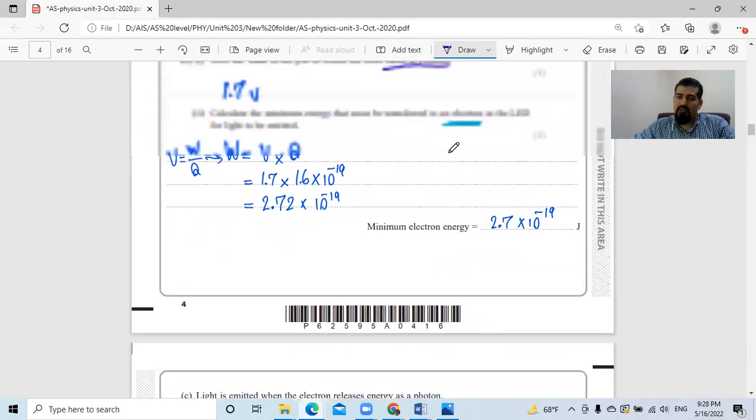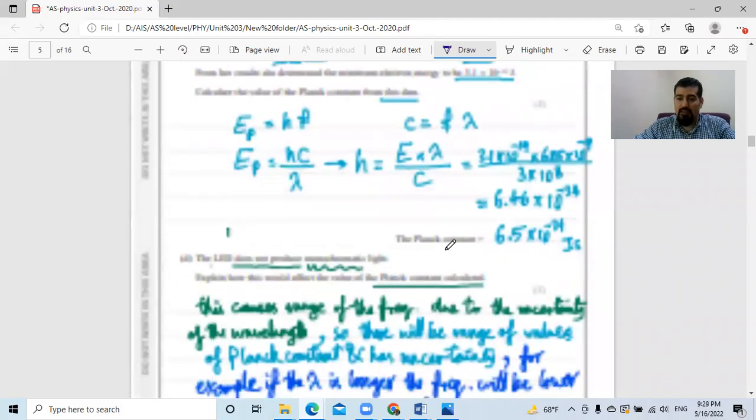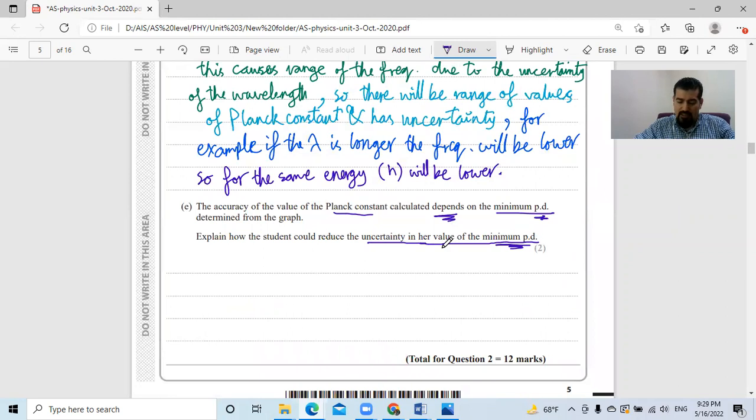It depends on my graph, my plotting, and my drawing. So I'm not accurate. What I will do is take several readings to get the exact value where the minimum voltage is enough to make the light come out from the LED. So I will take several measurements between 1.5 and 2 volt, and the best fit line that I will draw will be more accurate.